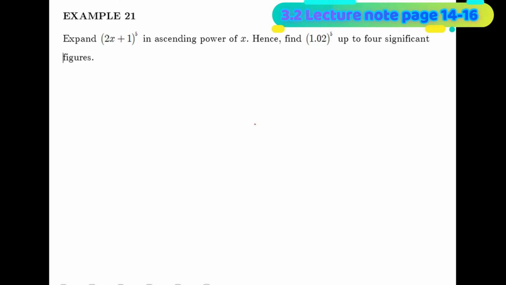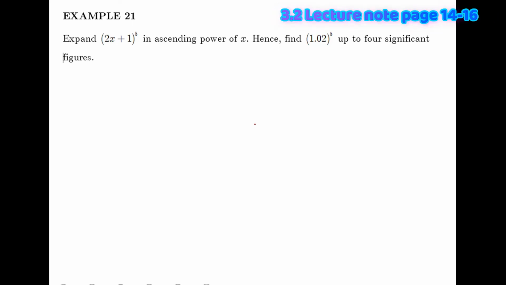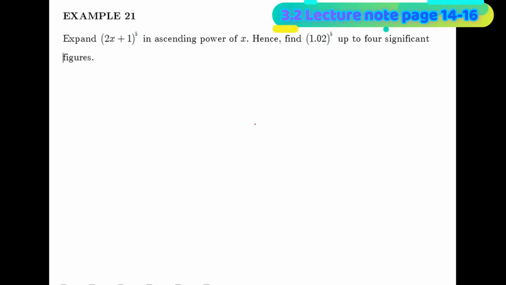Next, example 21. We first have to expand the following expression in ascending power of x and hence find 1.02 to the power 5 up to 4 significant figures. Now, we have n equals 5 with a equals 2x and b equals 1.